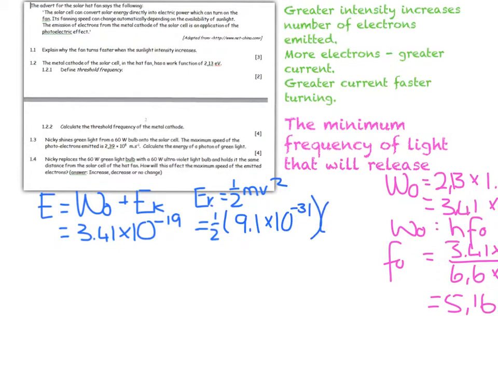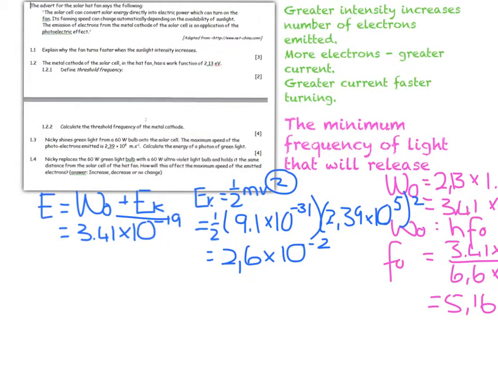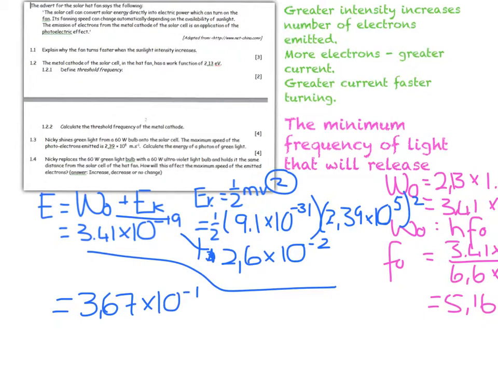How fast are these electrons moving? 2,39 times 10 to the power of 5, and that needs to be raised to the power of 2 because it's squared. When I plug all of that in, I get 2,6 times 10 to the negative 20. I then have to add that over here, plus EK. So I can add those two numbers together, and I land up with the total energy being equal to 3,67 times 10 to the negative 19 joules.